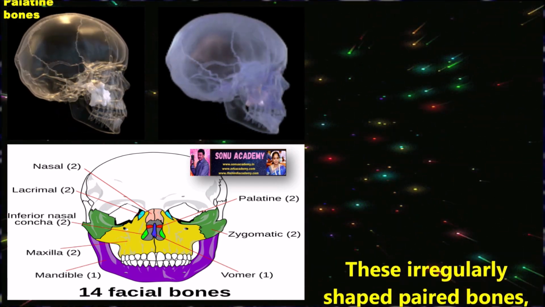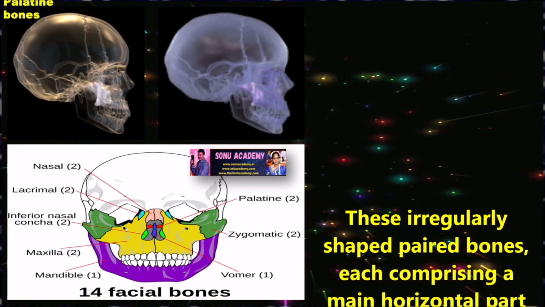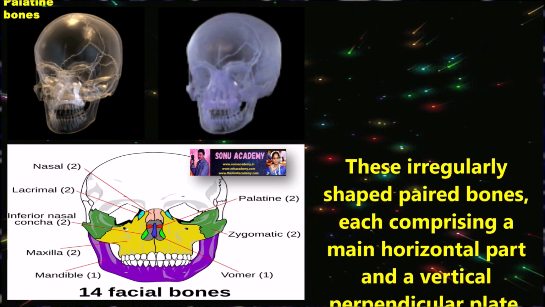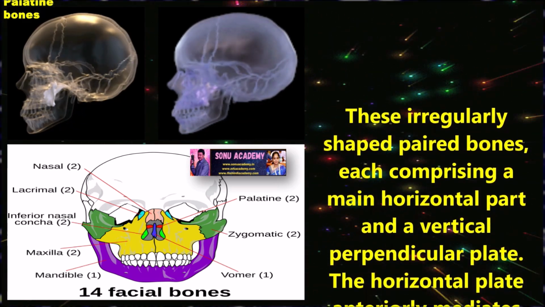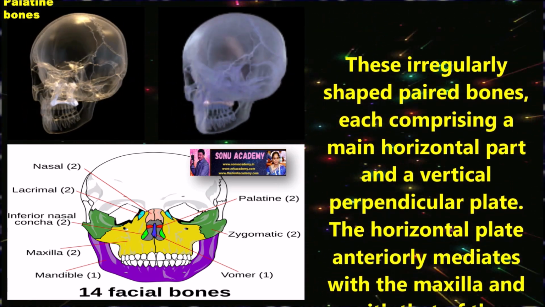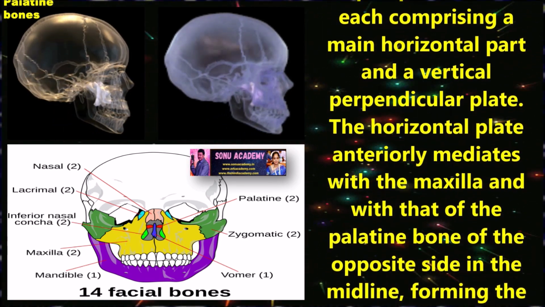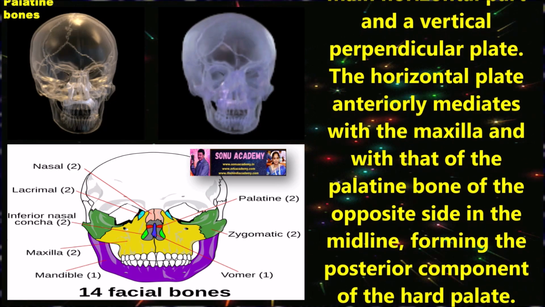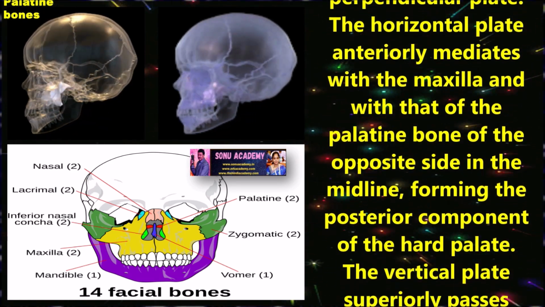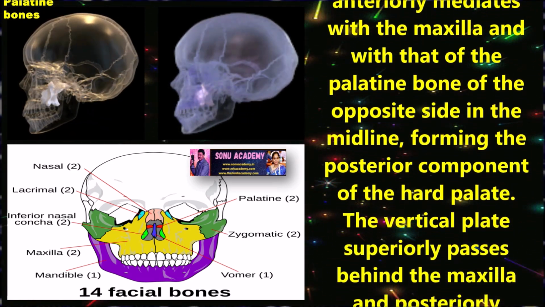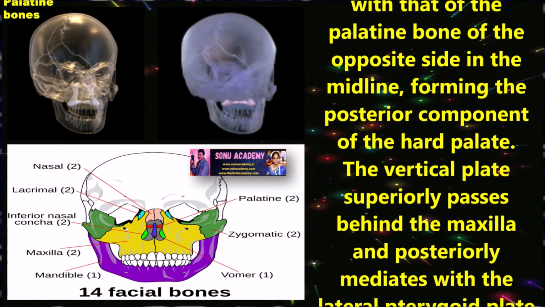Children, let us discuss the palatine bones. These irregular shaped paired bones each comprise a horizontal part and a vertical perpendicular plate. The horizontal plate anteriorly articulates with the maxilla and with the palatine bone of the opposite side in the midline, forming the posterior component of the hard palate.